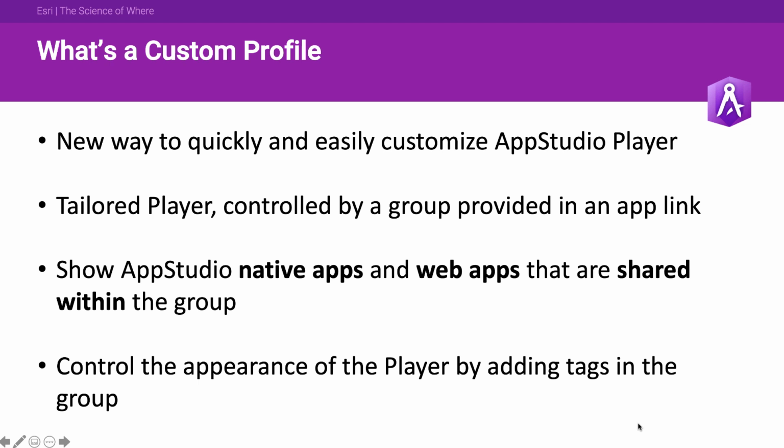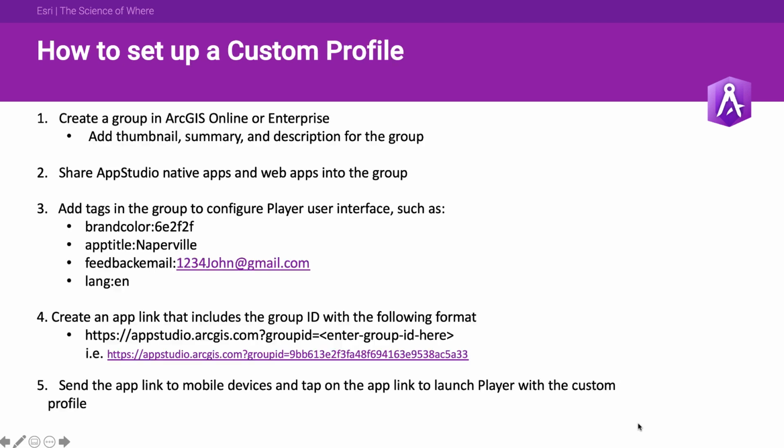The custom profile can show AppStudio native apps and web apps that are shared within the group. You can also control the appearance of the player, such as branding, app header title, by adding certain tags in the group. For the remainder of the video, we are going to show you step by step how to set up a custom profile.